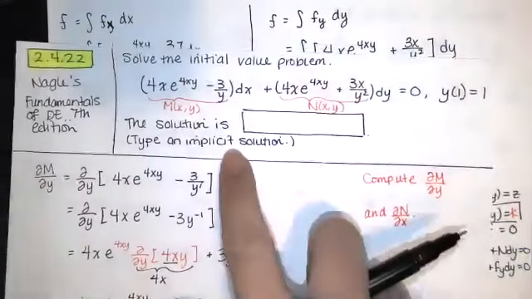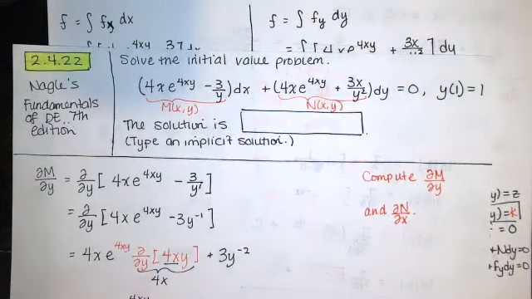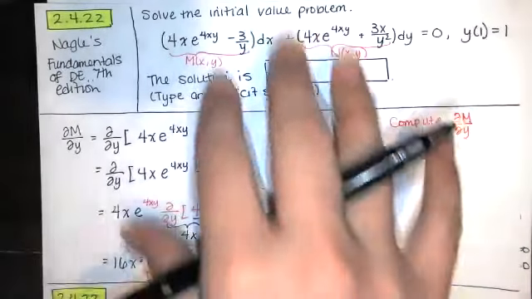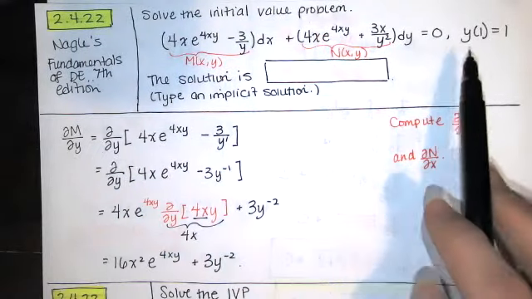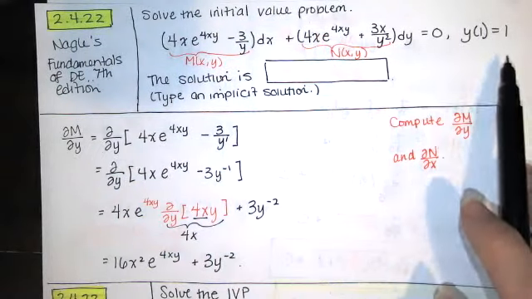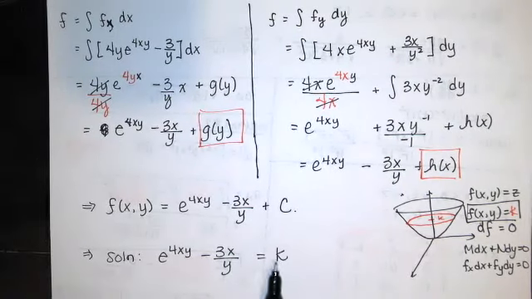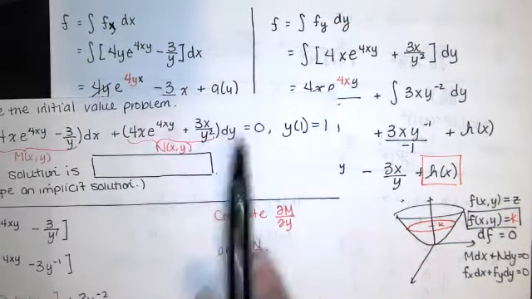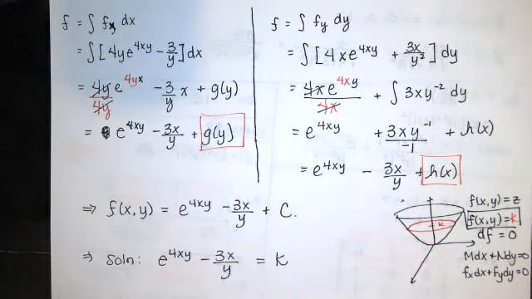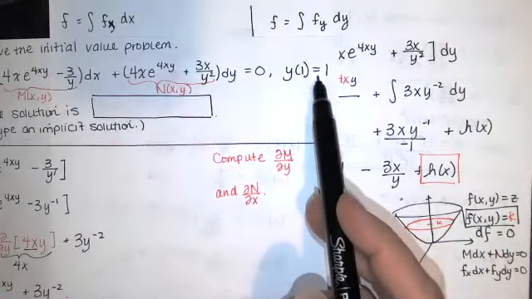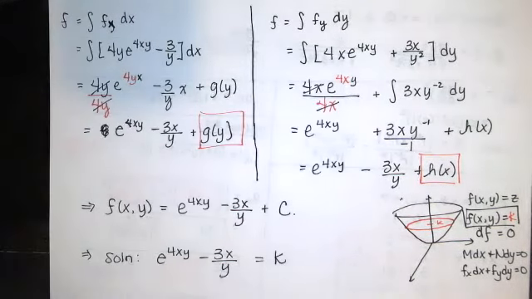We want an implicit solution, but we didn't just want a solution to the differential equation. We wanted a solution to the initial value problem. So we need to use this initial condition to find the right value of k so that the total differential of this side is equal to the total differential of that constant, which would give us the 0 on the right. So we'll use the initial condition to find the value of k.